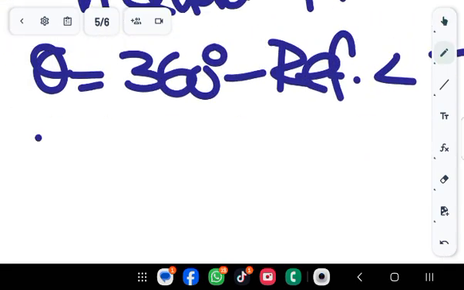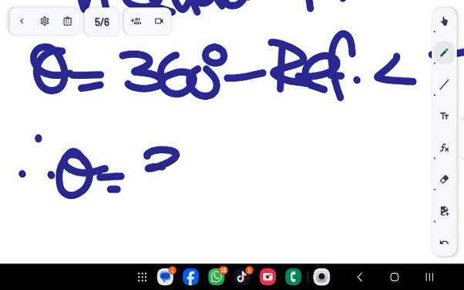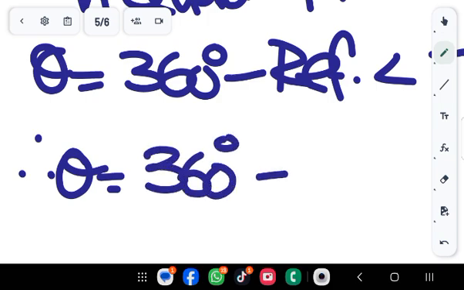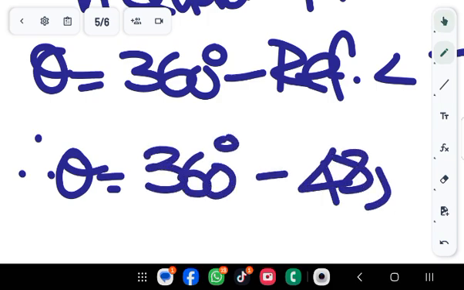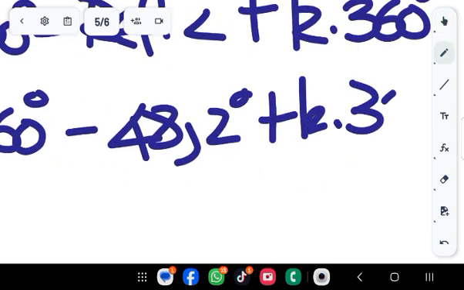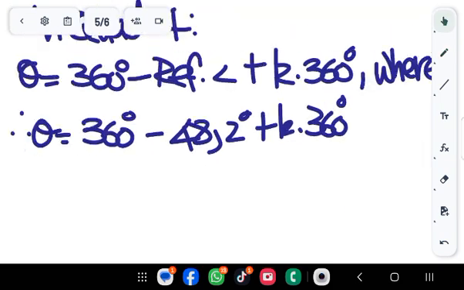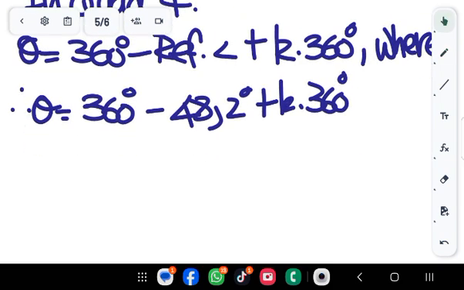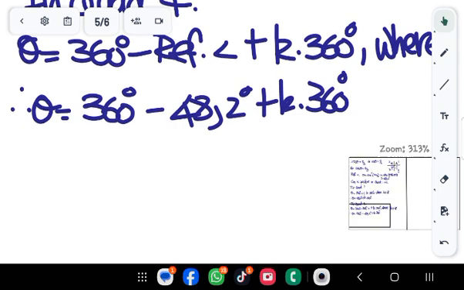Therefore, theta equals 360 degrees minus 48.2 degrees plus k times 360 degrees. Now 360 minus 48.2 equals 311.8.